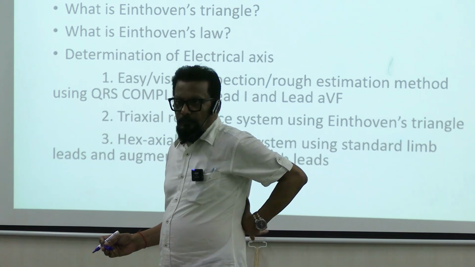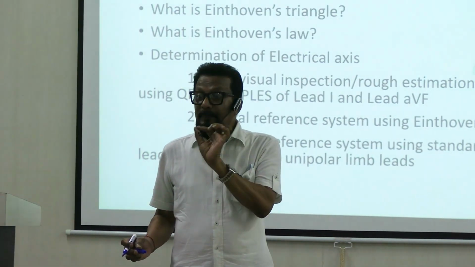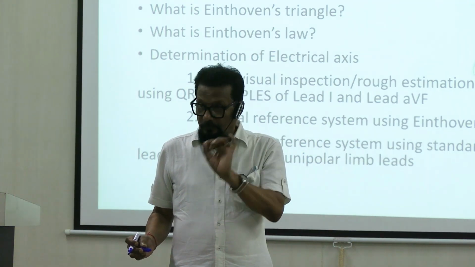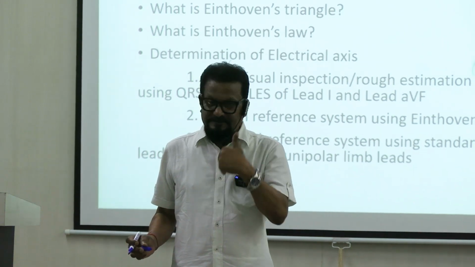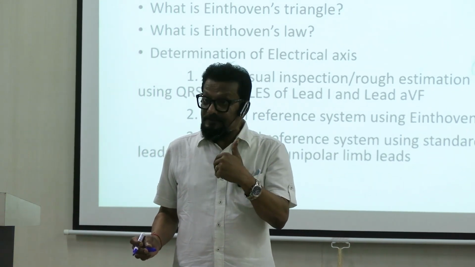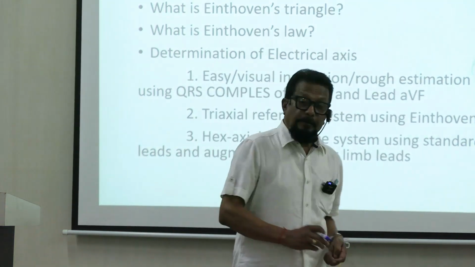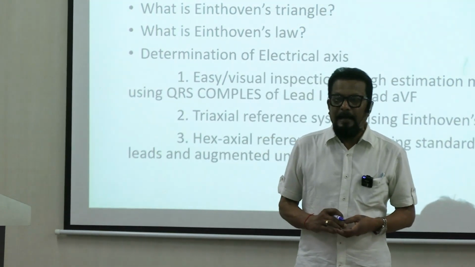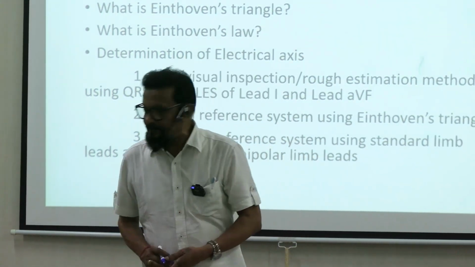Normally we don't do this, but we can assess by seeing the changes in V1 and V2. So V1, V2 not only give an idea about the septal wall, they also give an idea about the posterior wall. This will be discussed in detail when I elaborate myocardial infarction and ischemia in my next class.